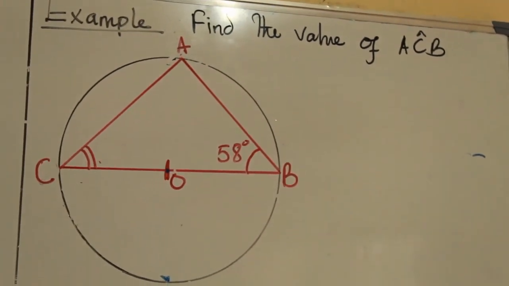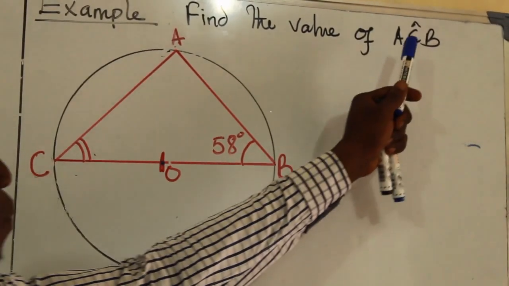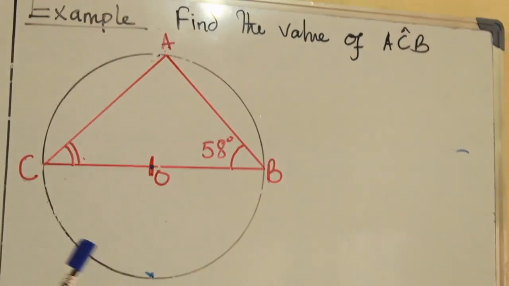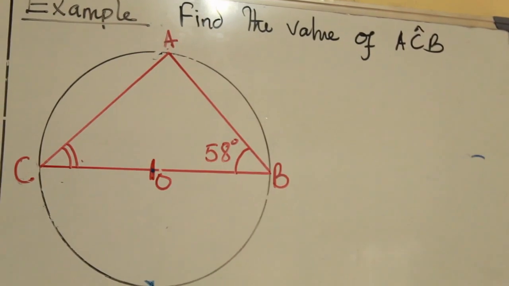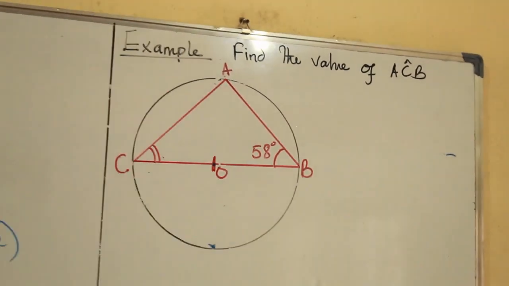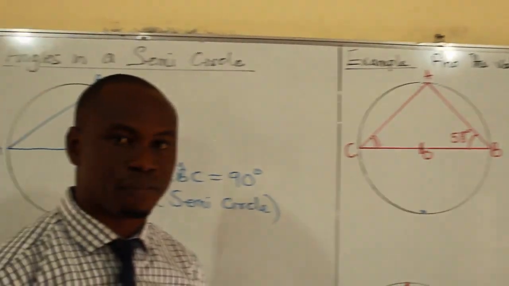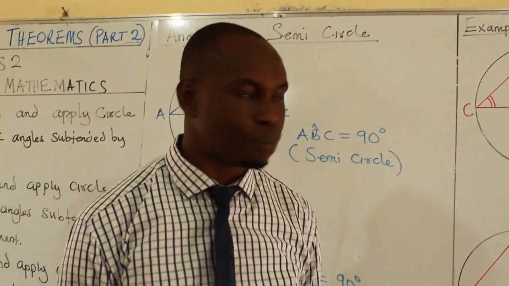ACB, if you notice the indication on C, it means that the angle we're looking for is at C. Now, how will the theorem I just explained help us find the angle at C?